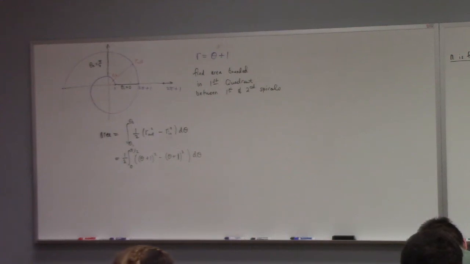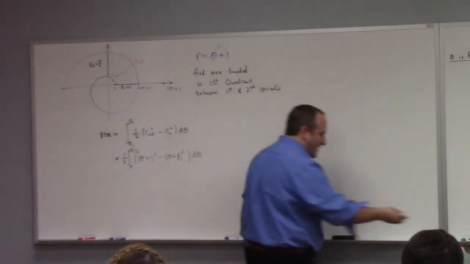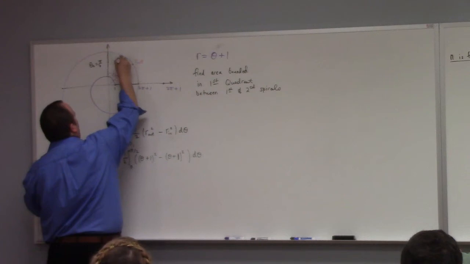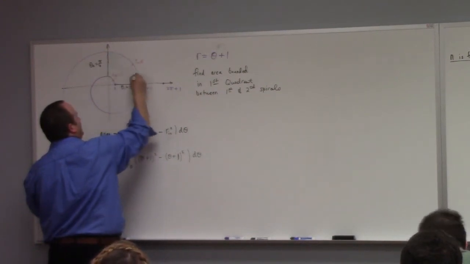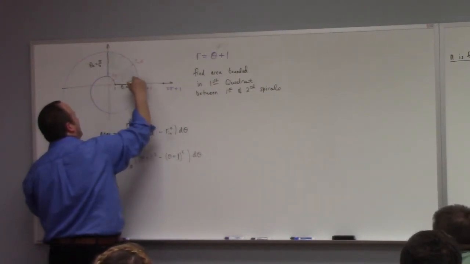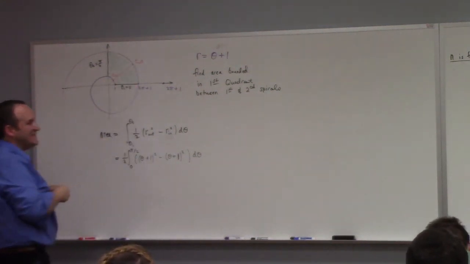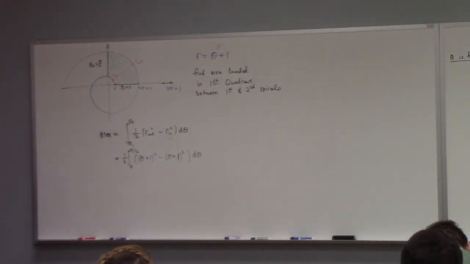Well, I think it's pretty well defined on the board. I can kind of shade it in. It looks like it's finite, it's bounded. I think there's pretty good hope for it being well defined, but what is it? 2 pi theta plus 1.